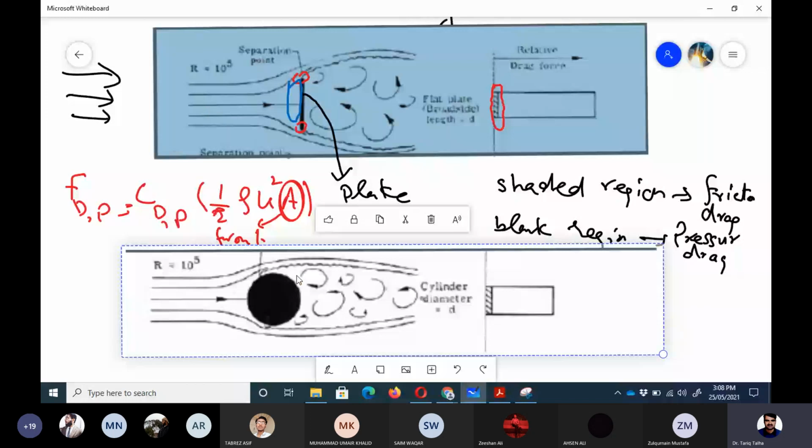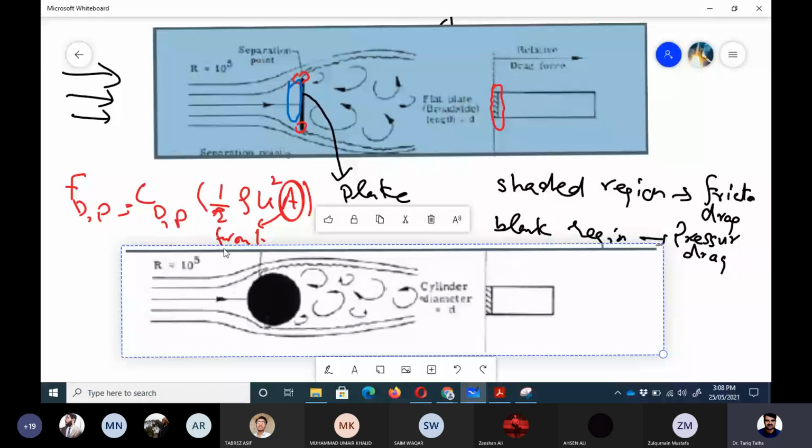So now you can see that the total magnitude of the drag is less for the semi-blunt body, because that is the thing we have learned, that when we make it more streamlined, then the total drag force would be less. Now you can see that the friction drag, which is the shaded region, is almost the same as that of the blunt body, right?